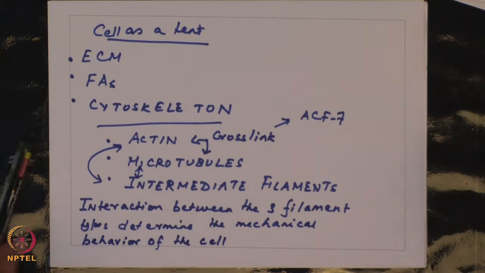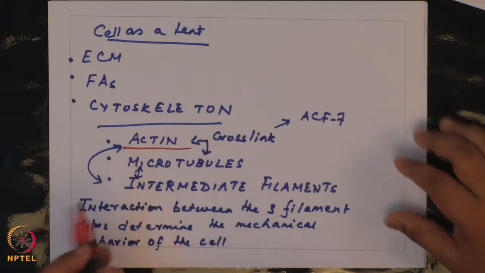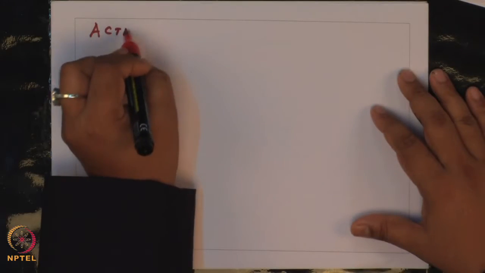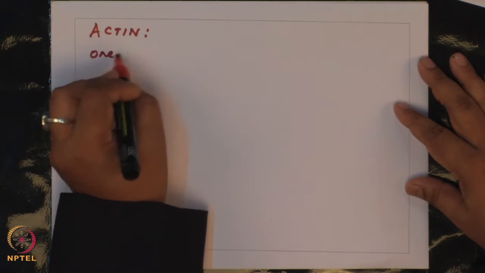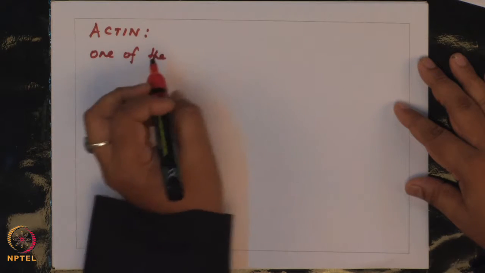Okay. So, today we will get started with discussing actin. Actin is actually one of the most abundant proteins.